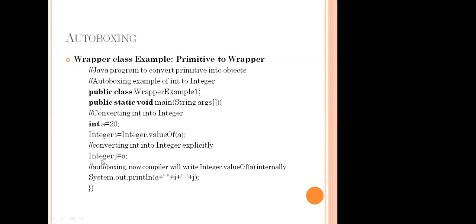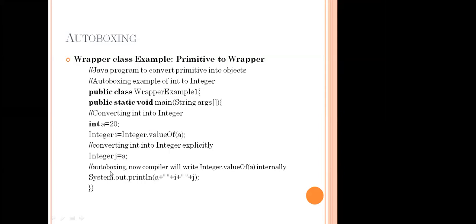Then, after writing this, see: capital Integer j equal to a. We already have the value of a, and by using the valueOf method I convert this value into i. That is, we are moving the value into i. Now a contains 20. Again, Integer j is assigned to another one.